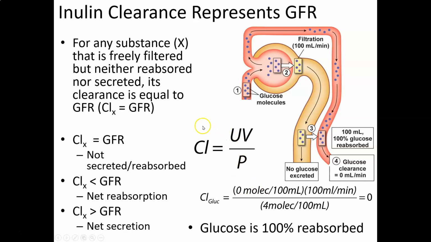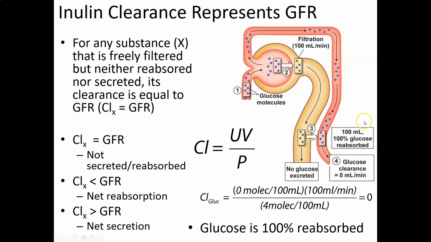So using our basic equation, clearance equals UV over P. And we have a situation where we have 0 molecules of glucose in the urine, right? So 0 over here, that's clearance, sorry. No glucose excreted, this would be 0, right?